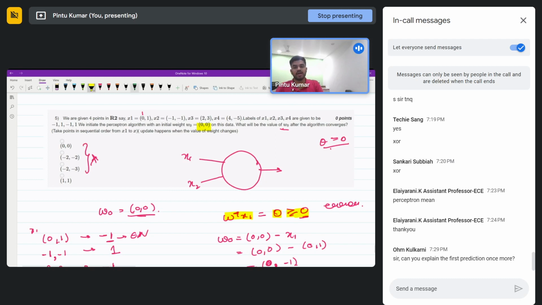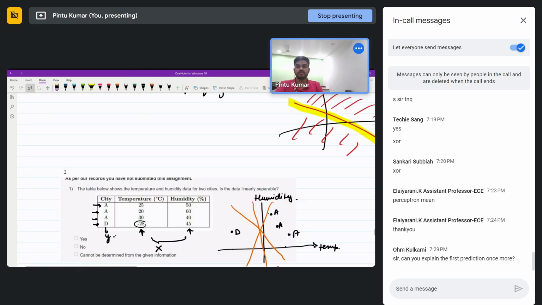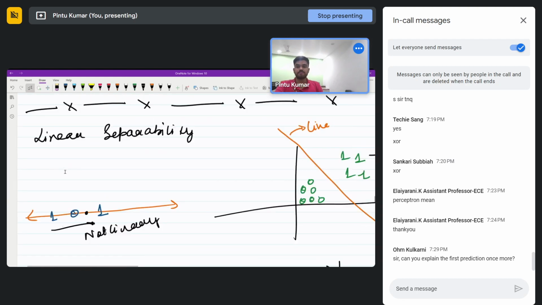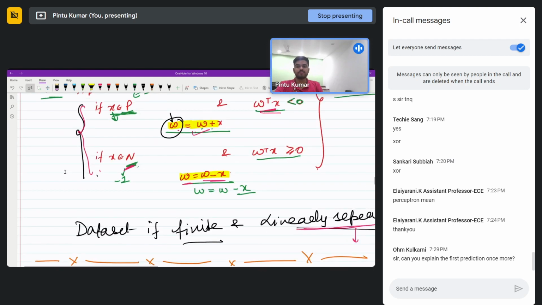So we are making an error, because x1 is originally labeled -1, but our perceptron is saying it should be the +1 label. That's why we will update our W. As I showed you above, if my x is negative, then I'll do W equal to W minus X.